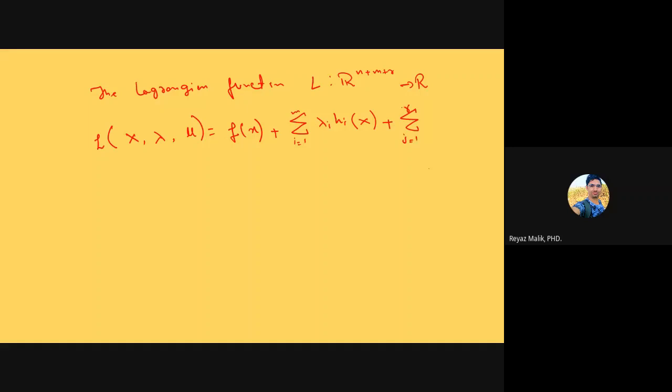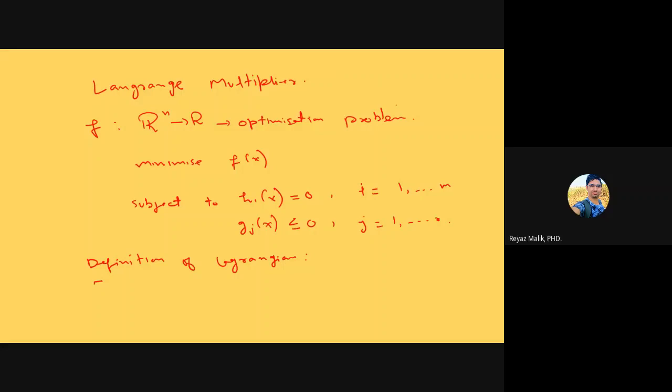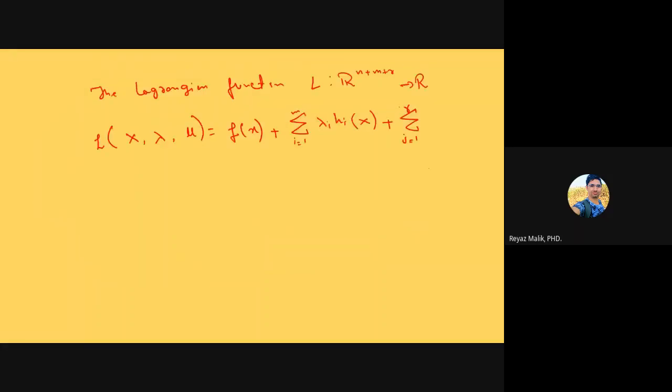Okay, we have given j here, r here. It is inequality part. First one is equality part, second one is inequality part. Mu j g j of x. That's all.